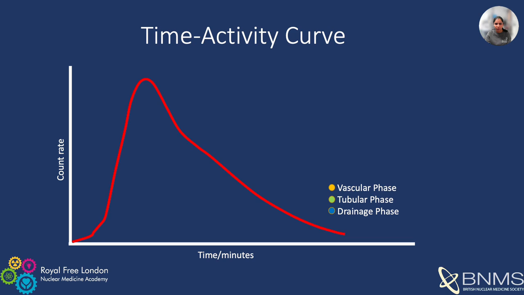As you can see in the graph, the first phase is the vascular phase, which is the evaluation of the blood flow. This compares renal blood flow to blood flow in the aorta or iliac artery.